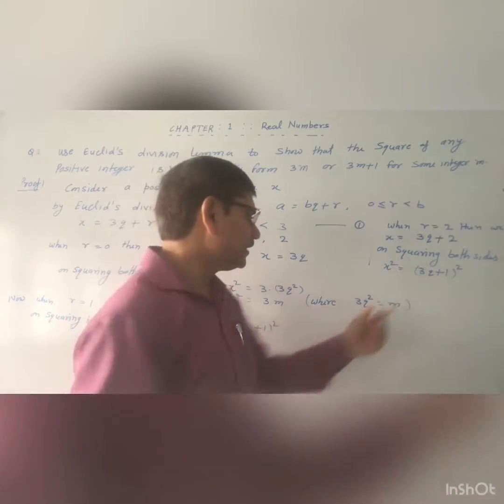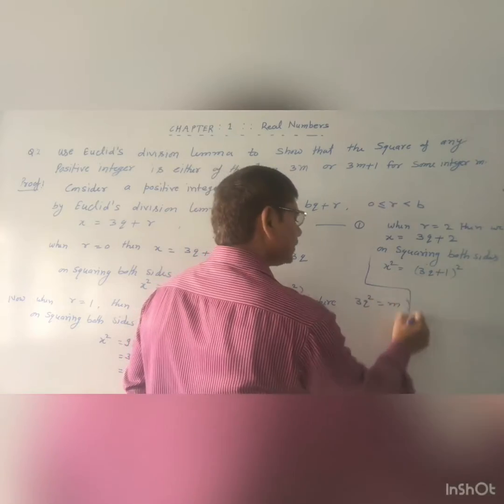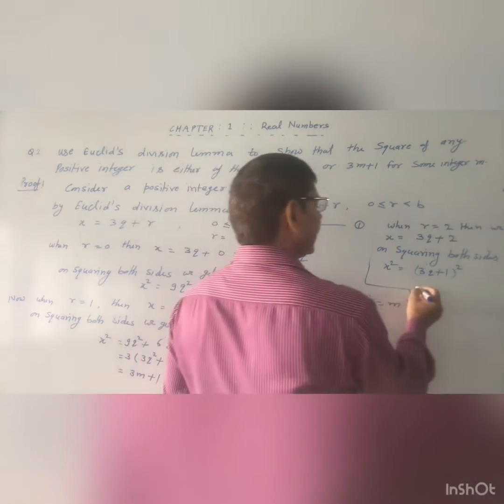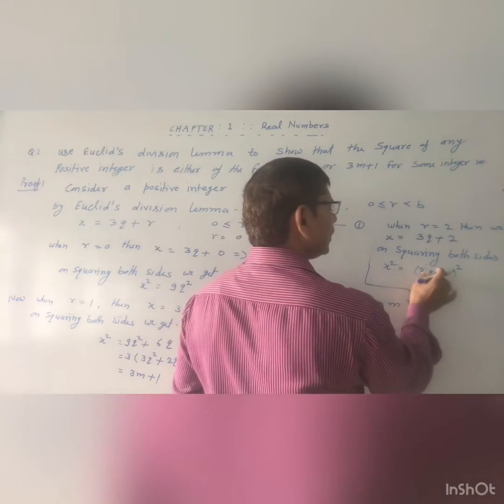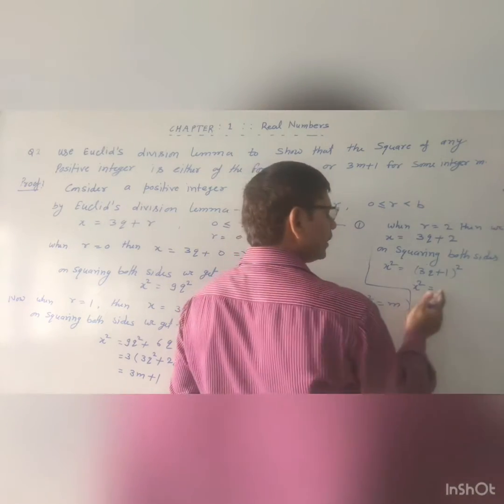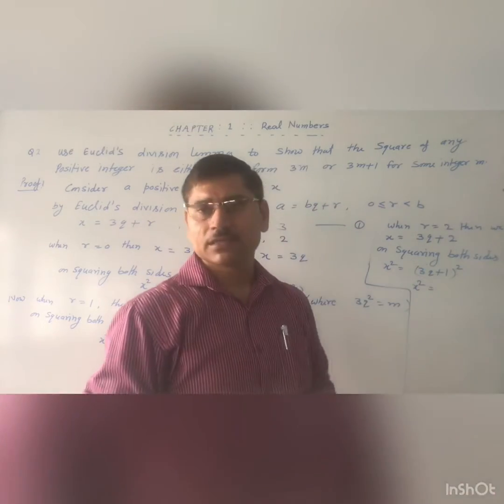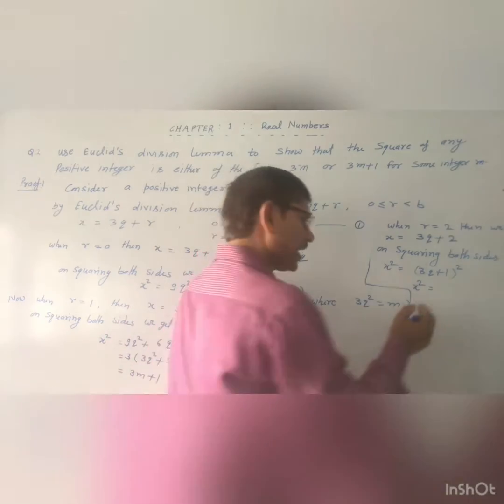Again using the identity, you will get x square equal to a square, that is (3q) whole square, which means 3 square and q square, that is 9q square.